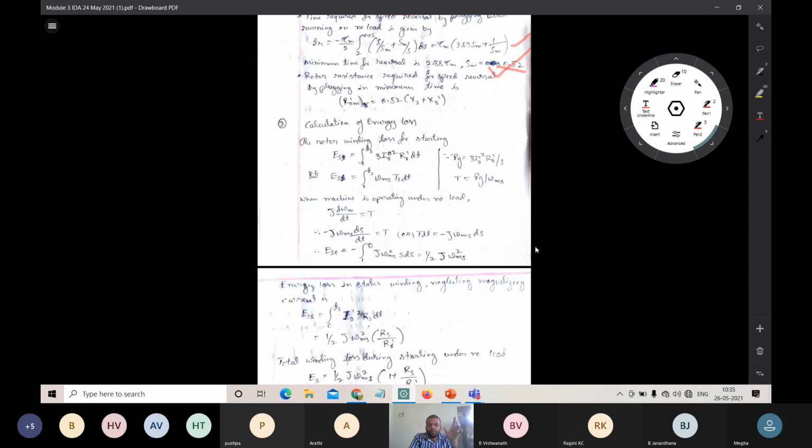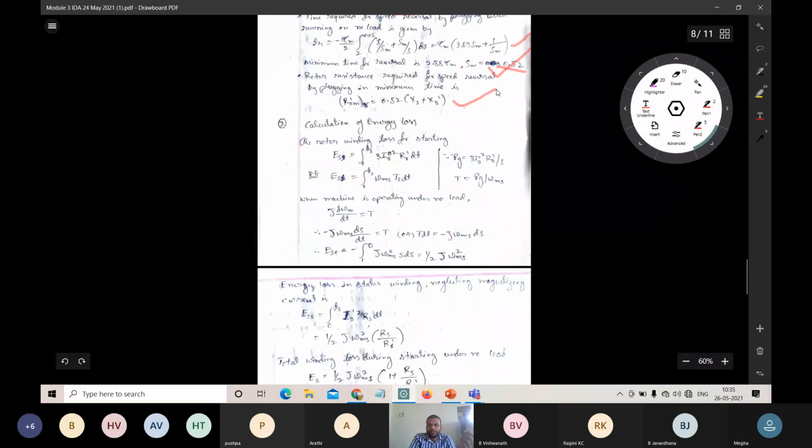In order to make the arrangement for reversing of the motor by using plugging, we have to maintain some rotor resistance. At the time of reversing of the speed, it will be given by 0.52 times the reactive impedances, XS plus XR dash.